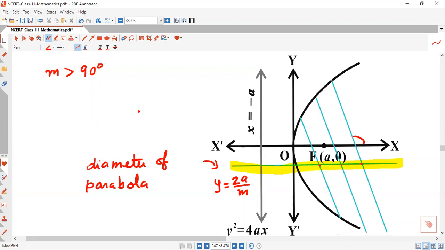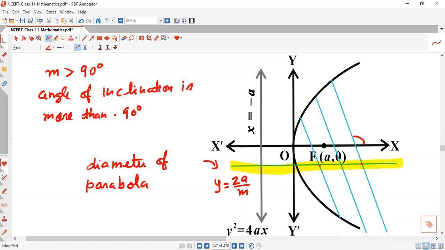The angle of inclination is more than 90 degrees, so the slope is negative. The slope is less than 0. If the angle of inclination is less than 90 degrees, then the slope is positive.